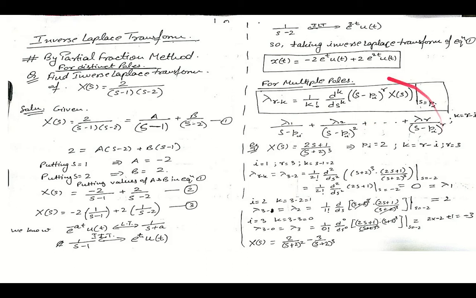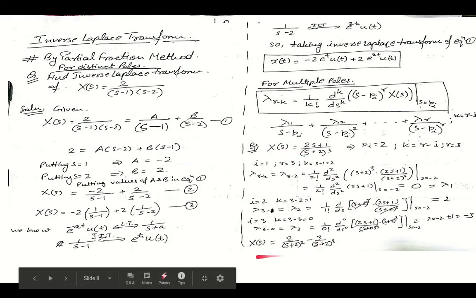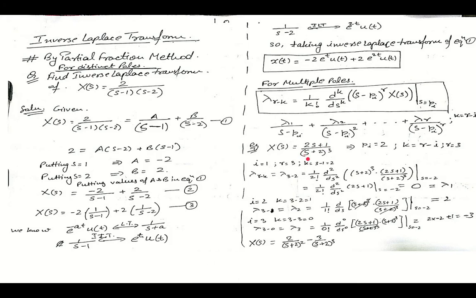Now, this expression can be very well understood by this numerical. We have been given X(s) is equal to 2s plus 1 upon (s plus 2) whole cube. Now, here we have the pole p_i that is equal to minus 2.